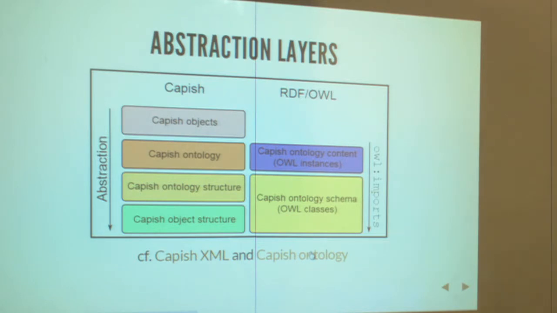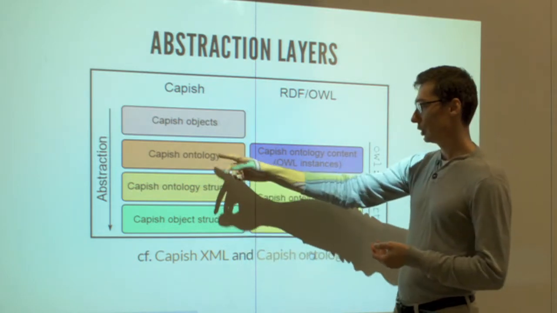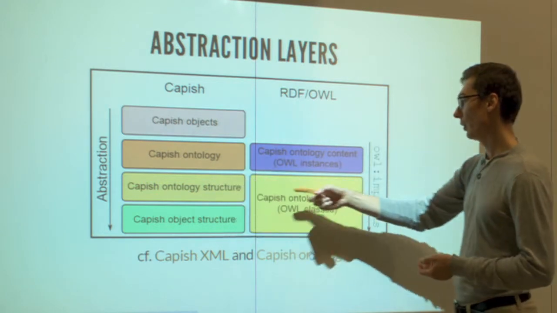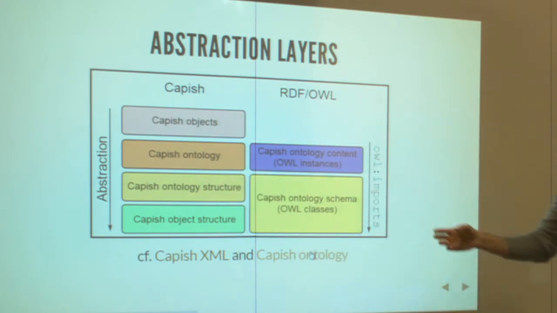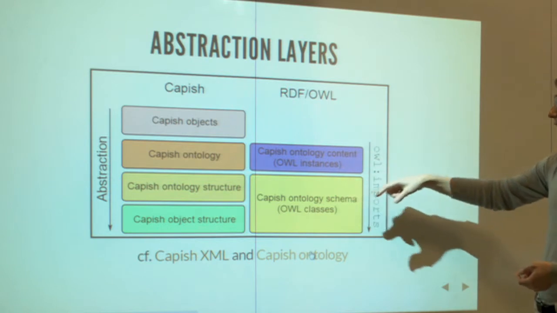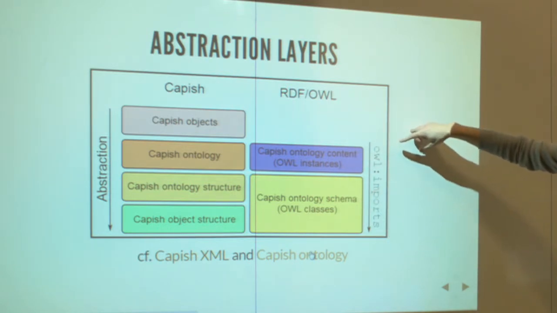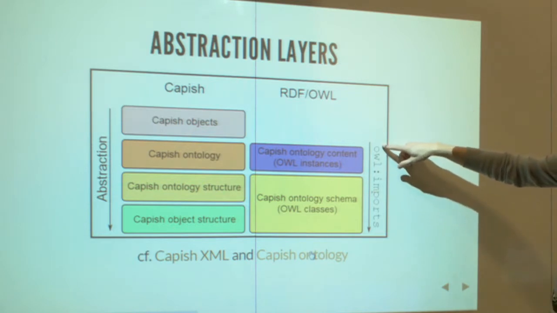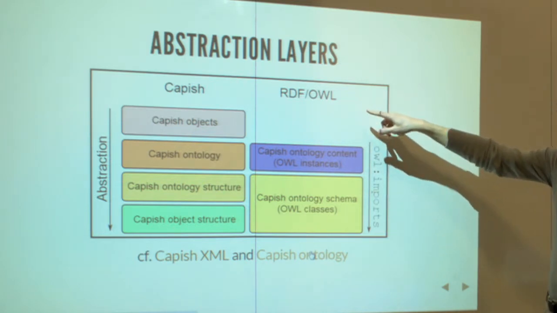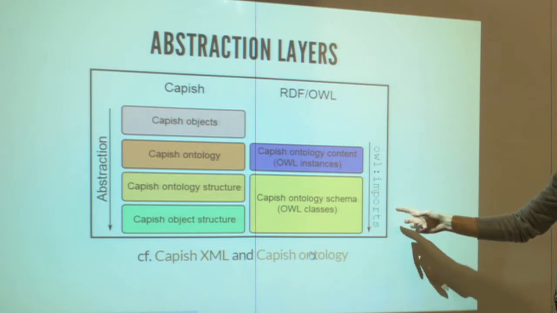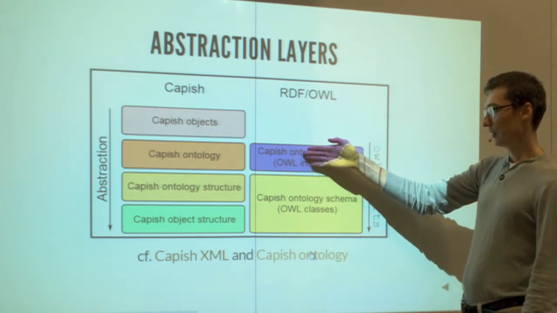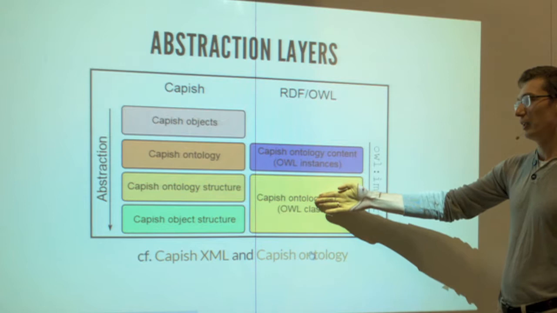And then the content of the Capish ontology, which is data to this metadata, would be OWL instances. So here, then, we also have an arrow, which also goes downwards, but in the context of OWL, it's OWL imports. So this is data, this is metadata.